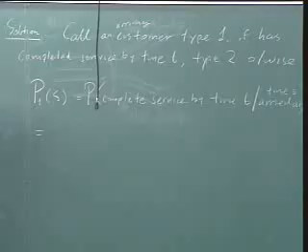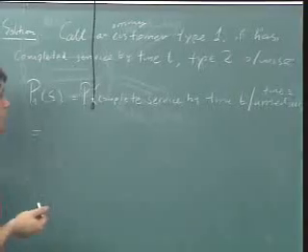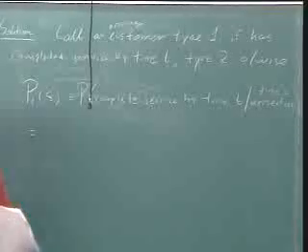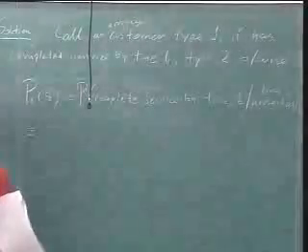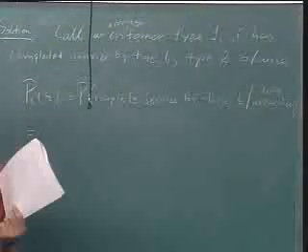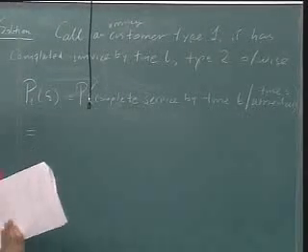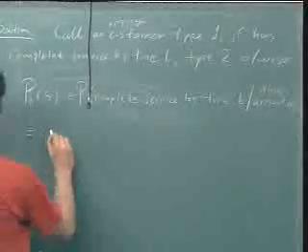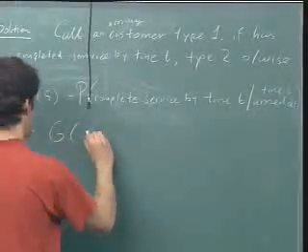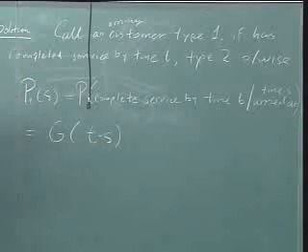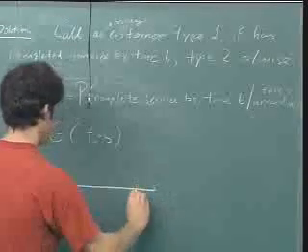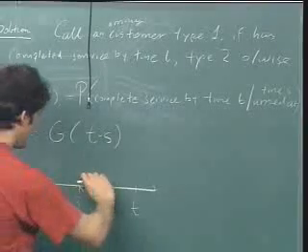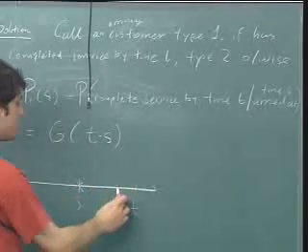So, okay, what does that mean? With what probability do we complete service by time t if we arrive at time s? That means that our service time has to be less than or equal to t minus s, right? So this is G of t minus s, because if this is time t, we arrive at time s, here's the arrival, and we need to have left the system by time t.